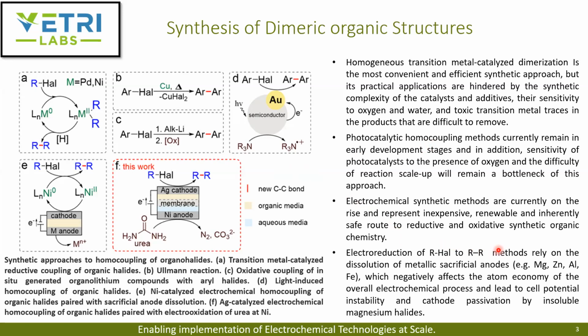So basically, at the anode you have a sacrificial reaction going on. But this negatively affects the atom economy of your overall electrochemical process. This could lead to potential instability and can also cause cathode passivation by forming magnesium halides.